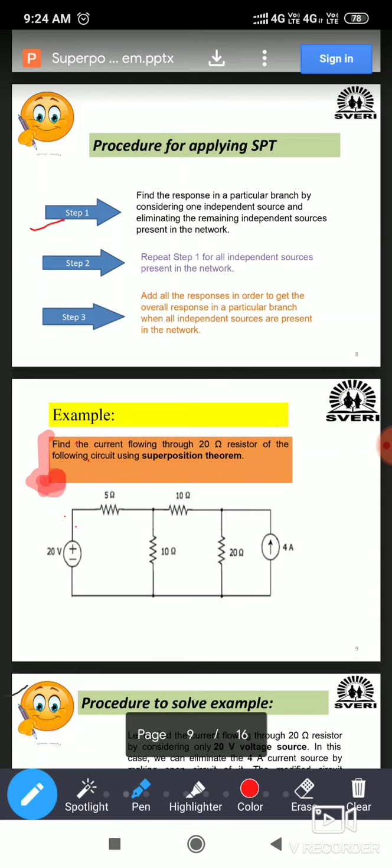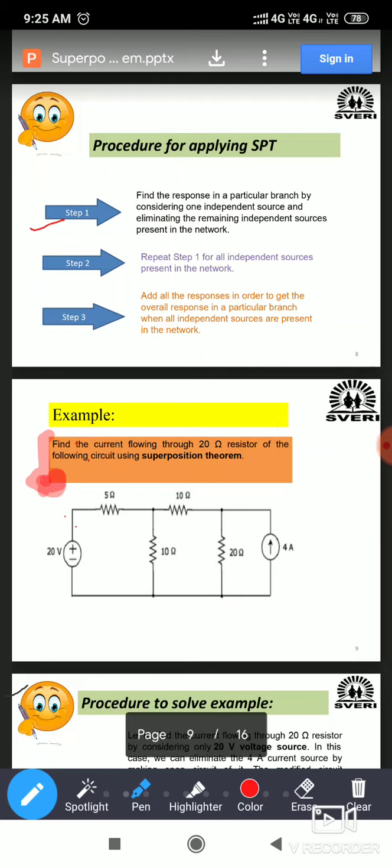The third observation is which response they ask to find out, that you have to focus on. Response means the voltage across a particular element or branch, or the current passing through that element or branch. These three observations are very important. I will repeat them before applying the superposition theorem. First, whether the circuit is AC or DC.